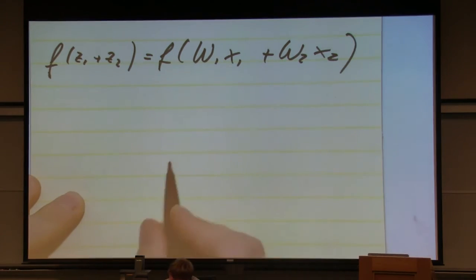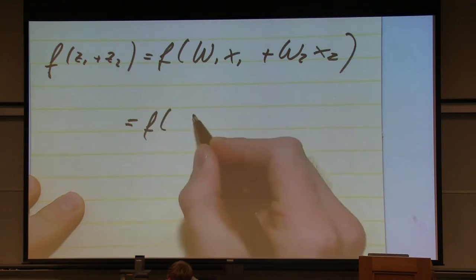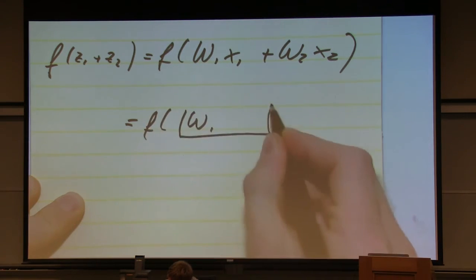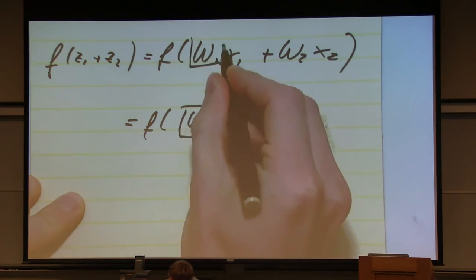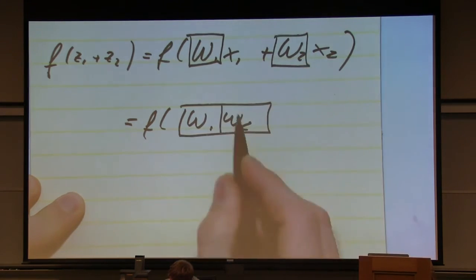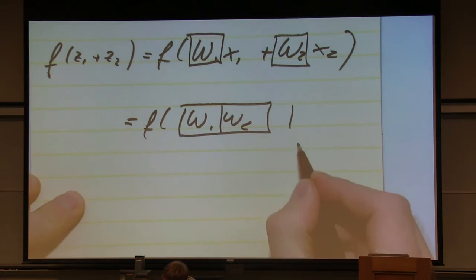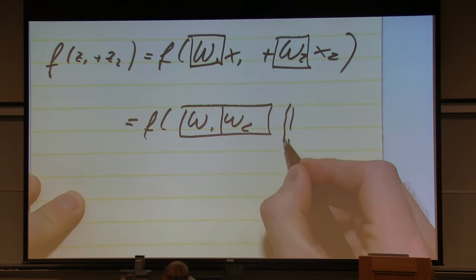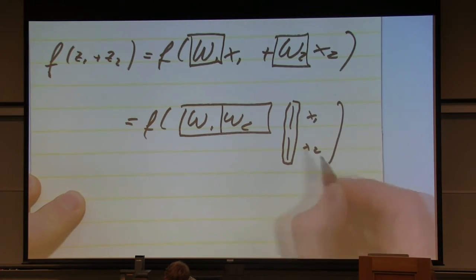You can see this as essentially having a W1 block and a W2 block, where you took each of these matrices and concatenated them, times the concatenation of these two vectors, x1 and x2.